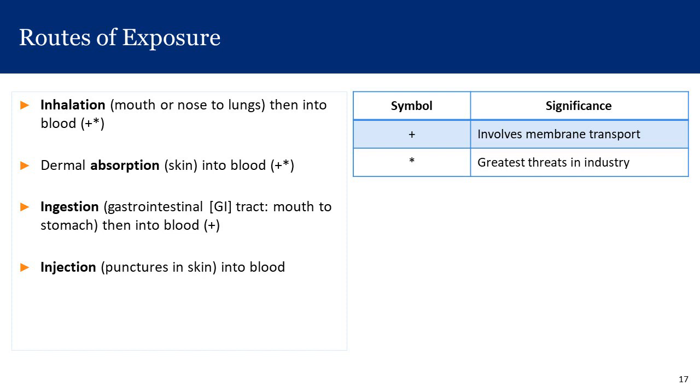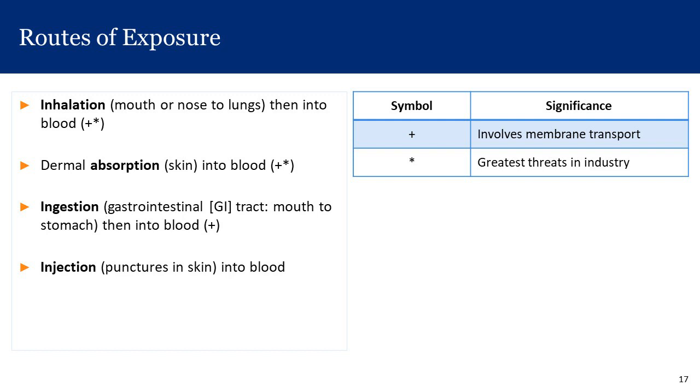And again, coming back to the routes of exposure being critically important in terms of potential transmission, we think about inhalation as targeting the mouth or nose all the way through the lung system. And ultimately, because of the functions of the lungs, which have a very tight interface with the cardiovascular system, entry potentially into the bloodstream. We might have dermal absorption.